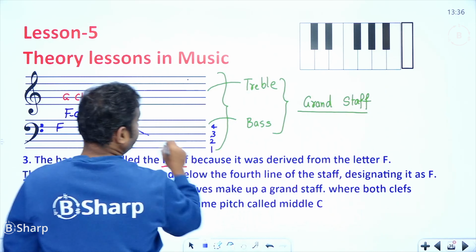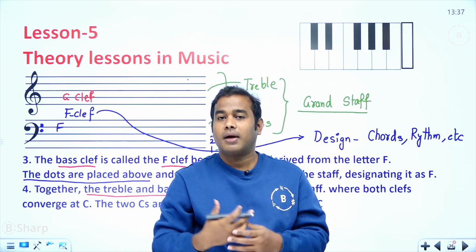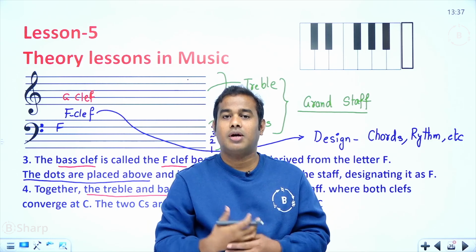The F clef is usually played with the left hand, and the treble, the G clef, is played with the right hand. That's normally the convention. You can change this even if you wanted to; there is no harm in it. All these things are ultimately the creativity of the musician, how you play the music.